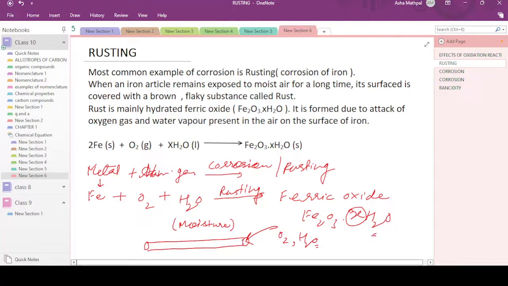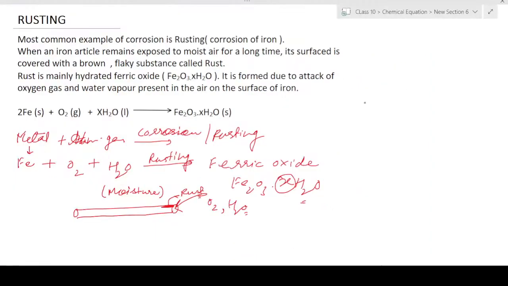So they both will attack the iron, and suppose the top layer will get rusted first, and rusting always appears in the form of a dark brown layer.